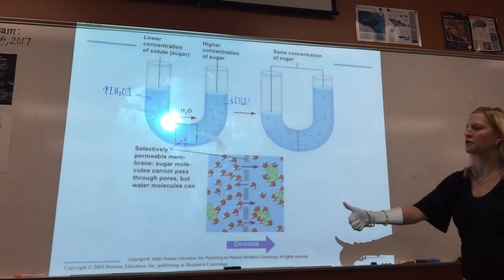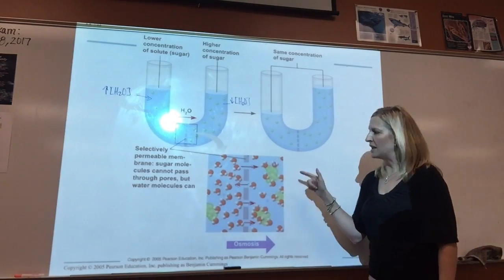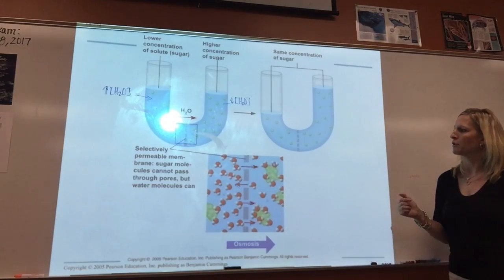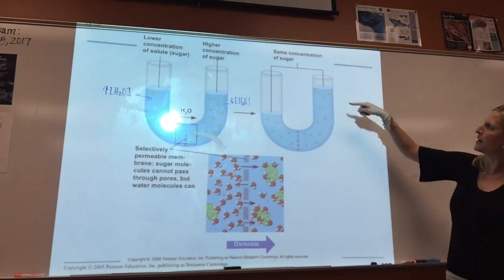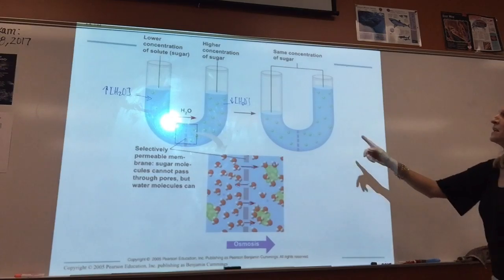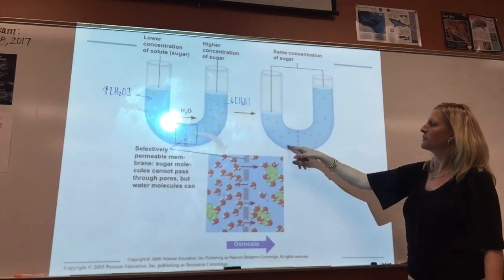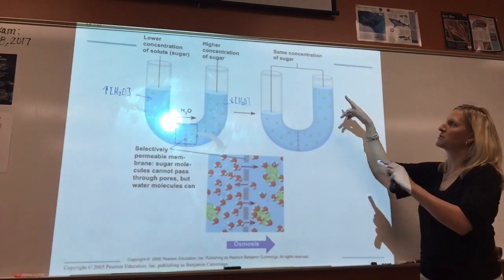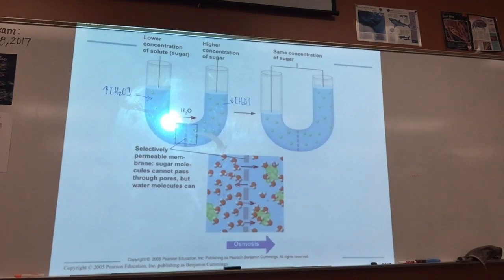So our overall diffusion is left to right, even though we have some going over to the left, and that's why it increases there. And eventually it will diffuse until equilibrium is reached, where you get the same sugar concentration.